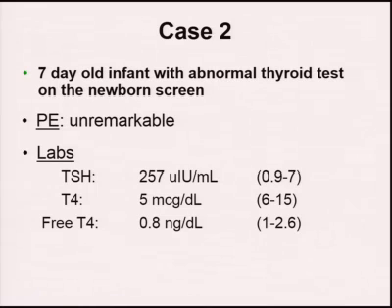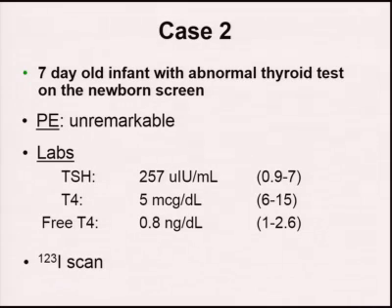We get an elevated TSH and a low T4 and a low free T4. So that tells us basically, yeah, this is primary hypothyroidism. In a newborn, it is not likely to be autoimmune or Hashimoto's thyroiditis.